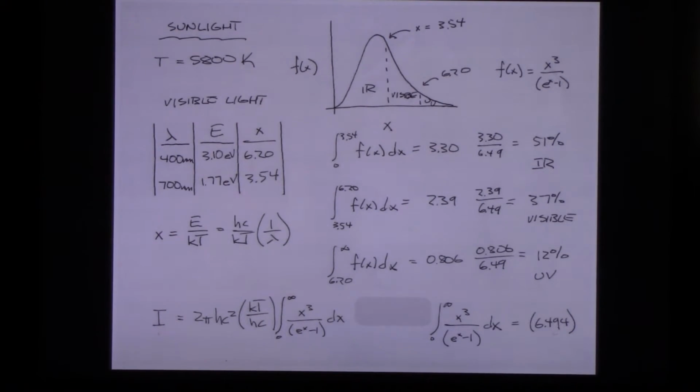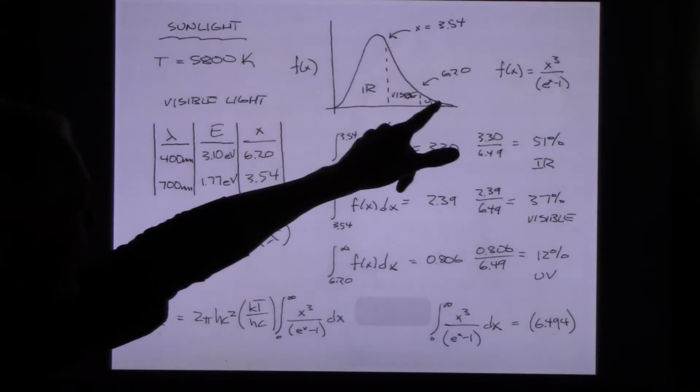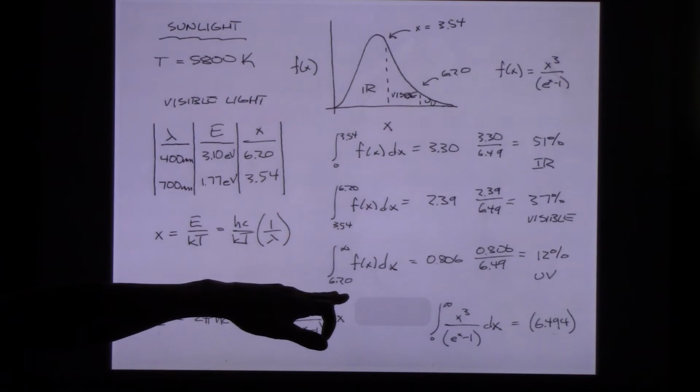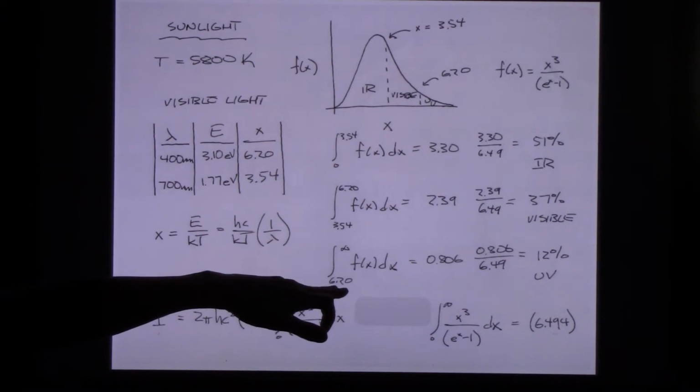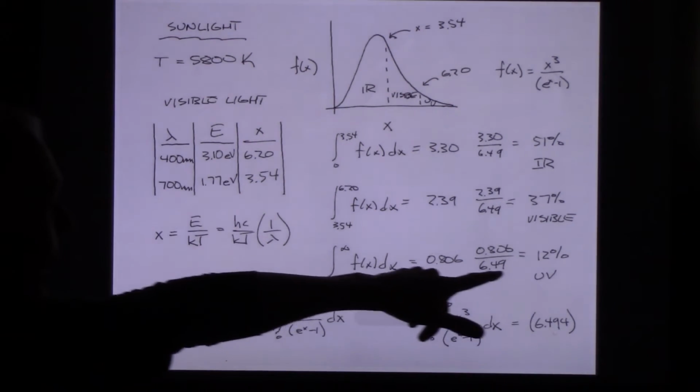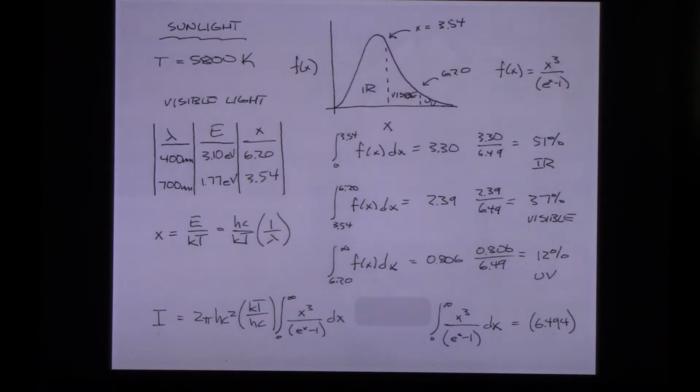Now, how much of that dangerous UV is being generated by the sun? When I looked at the rest of the expression, those with x values above and beyond 6.20, that worked out to be 12%. So, kind of interesting. Sunlight: 51% infrared, 37% of the energy in the visible, 12% of the energy coming in as ultraviolet.